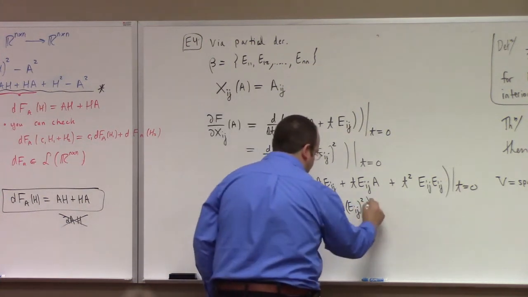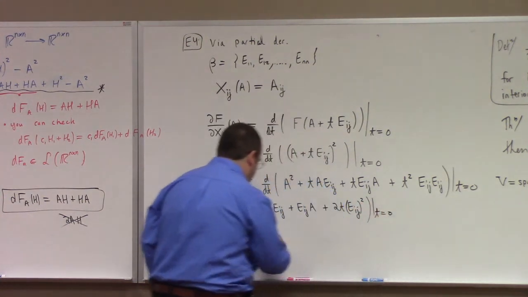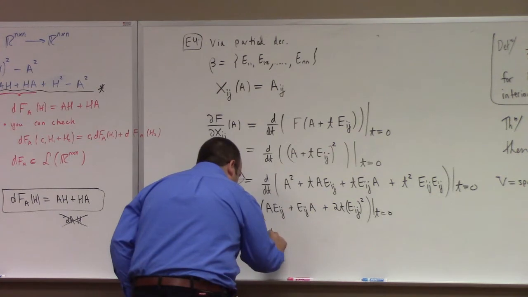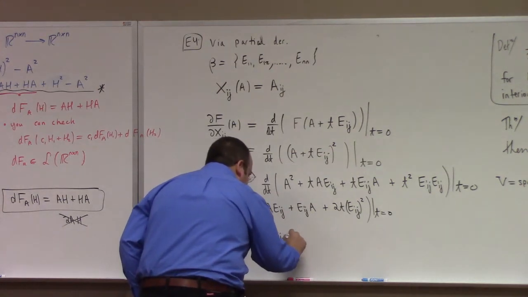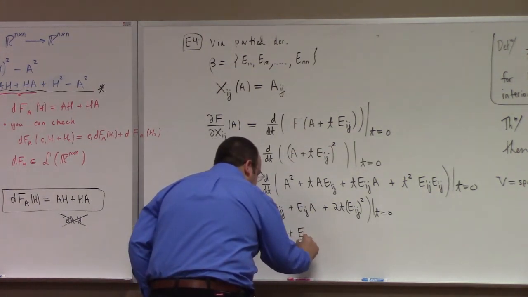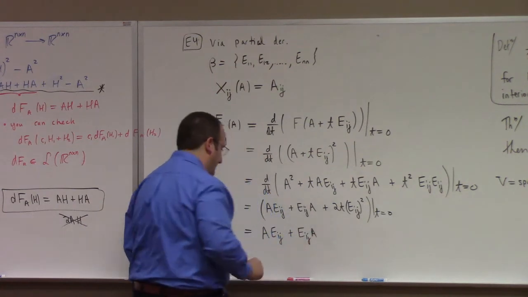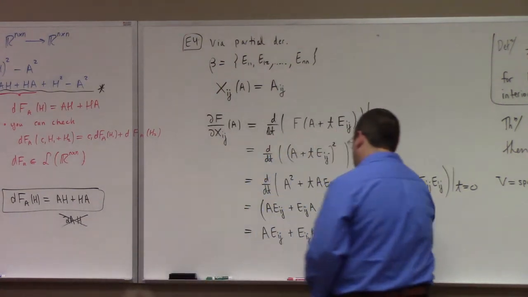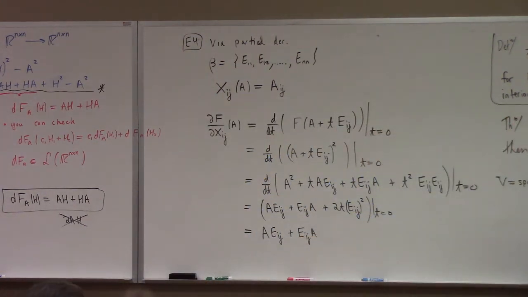Now we put t equal to 0, so what happens? We lose that 2t piece at the end. So there's the partial derivative of f in the ijth coordinate direction. It's a matrix.